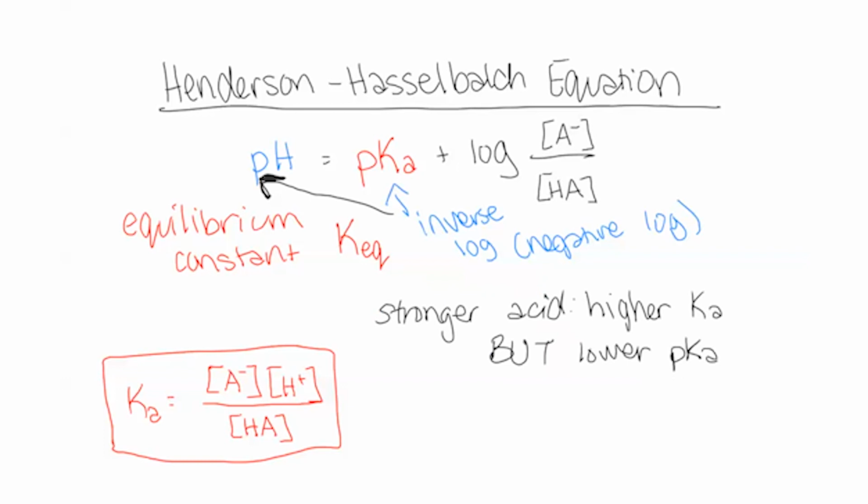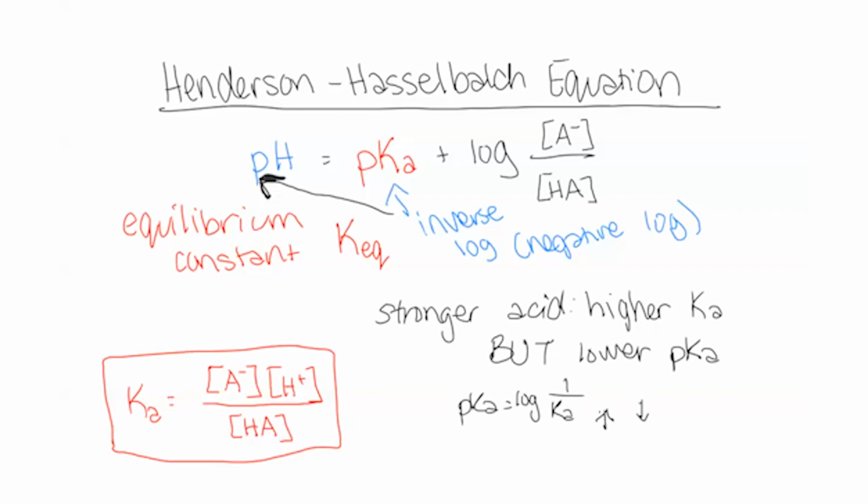Remember that the pKa is our inverse log, the log of 1 over the Ka. And so if your Ka is getting bigger, then the pKa is going to get smaller.